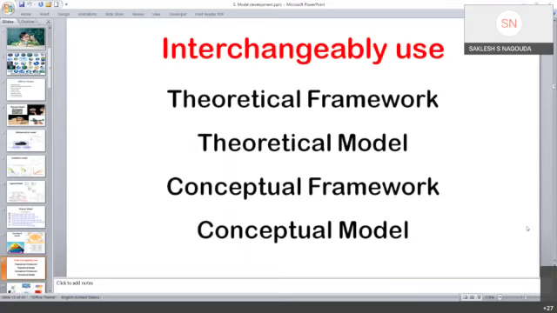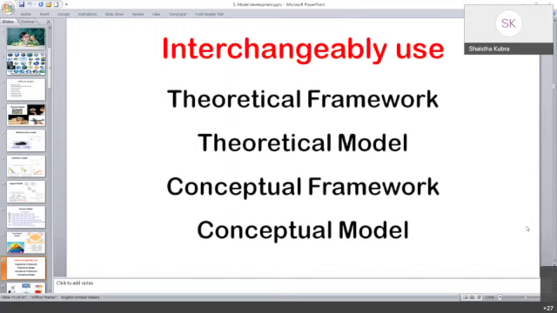So for a theoretical model, I explore all the theories that are related to my concept, and then I try to see how I can make connections between all of those, and I present that. But the conceptual model is like a guide, how I intend to take my variables and my work forward in my research. It involves my synthesis, how I want to proceed. So that's my understanding, sir.